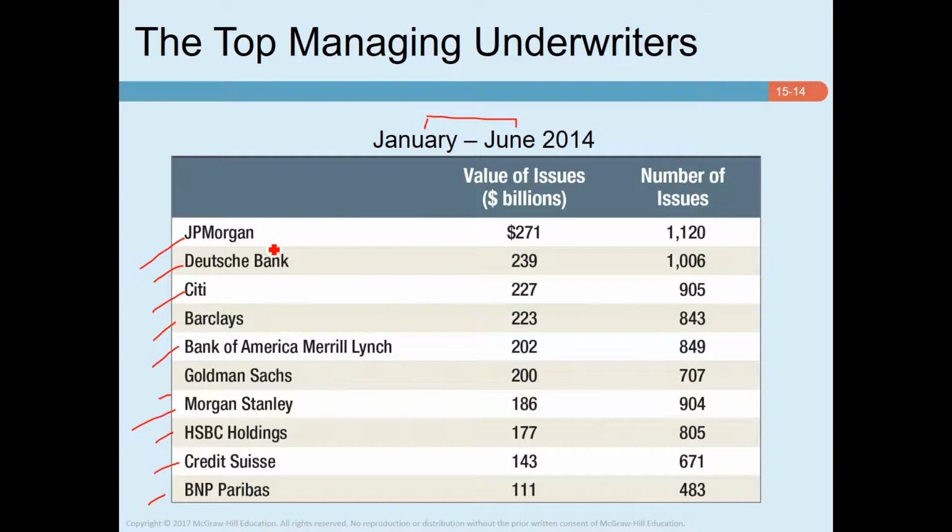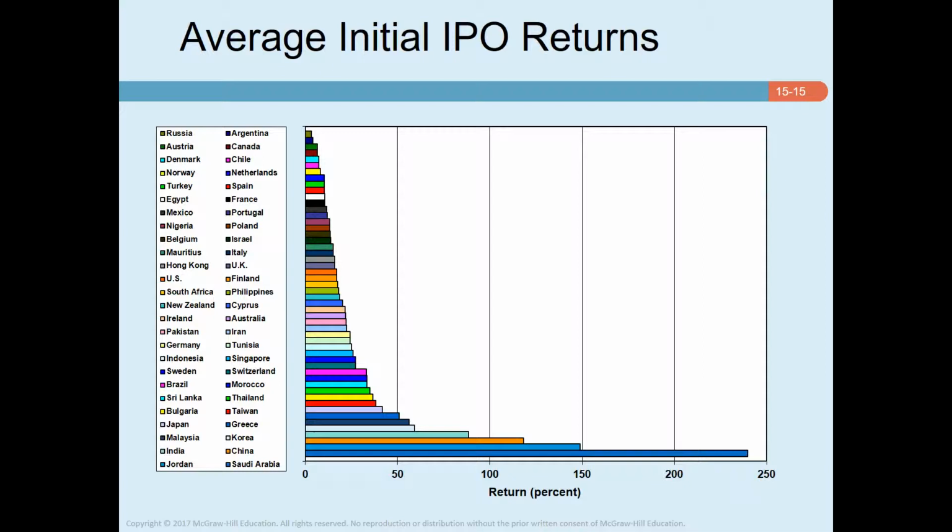JP Morgan alone has underwritten 1,120 issues, and the total value of these underwriting issues was 271 billion. Deutsche Bank has underwritten 1,006 issues, and the value of these total underwriting issues was 239 billion. So these are some examples of the big underwriters.